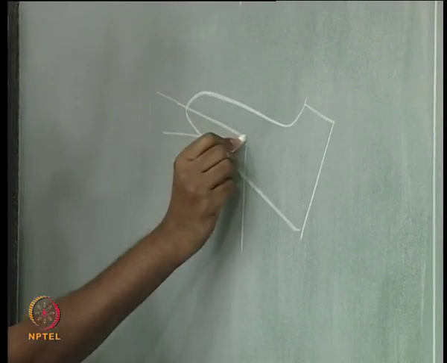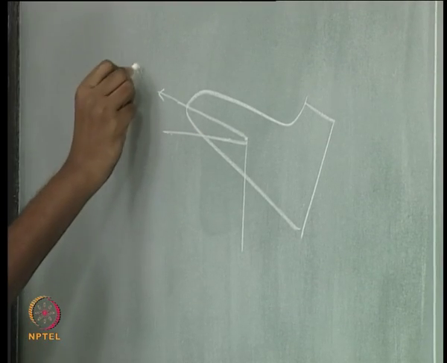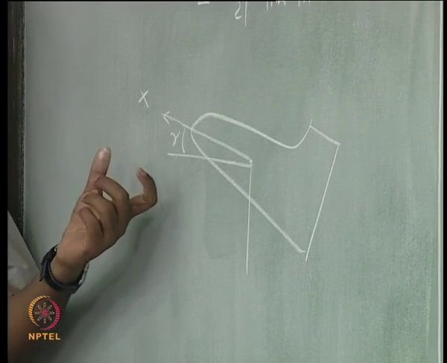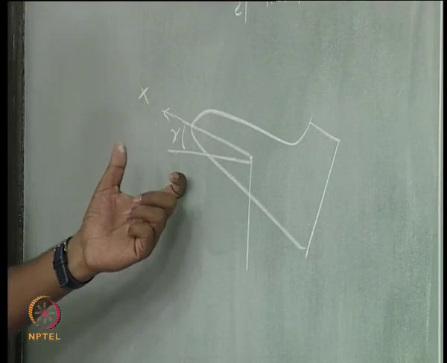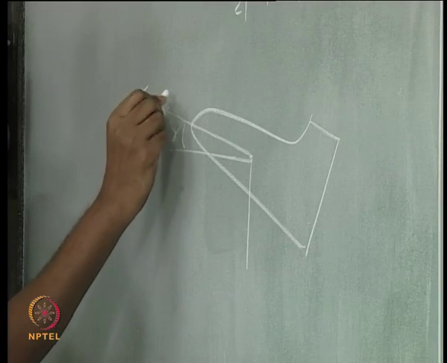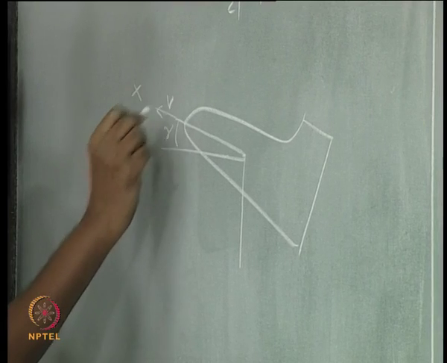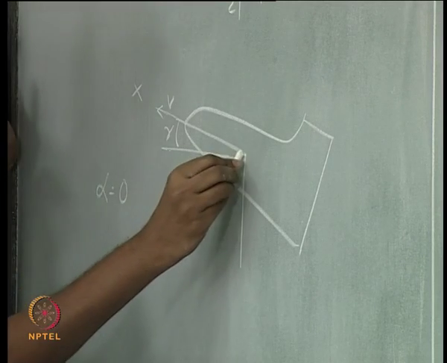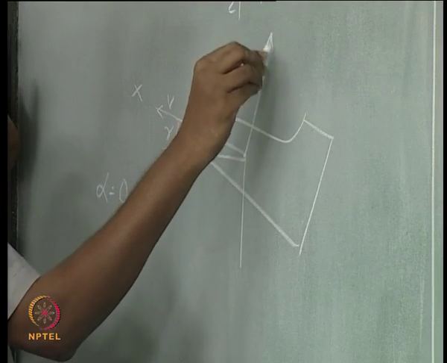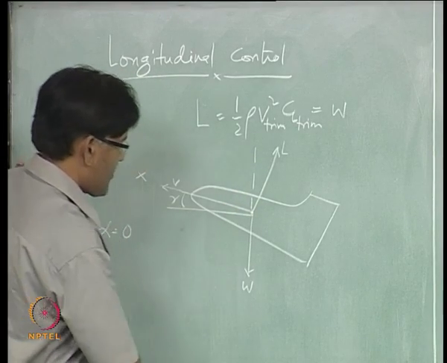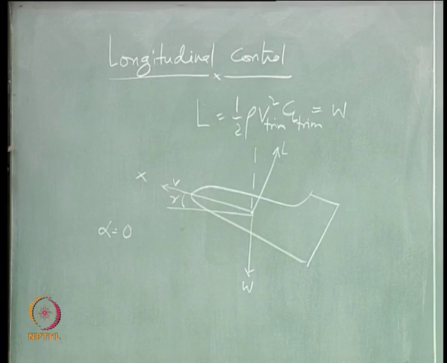let us say climbing flight, steady climb, right. So let us say this velocity is in this direction, so alpha is 0, okay. Right.